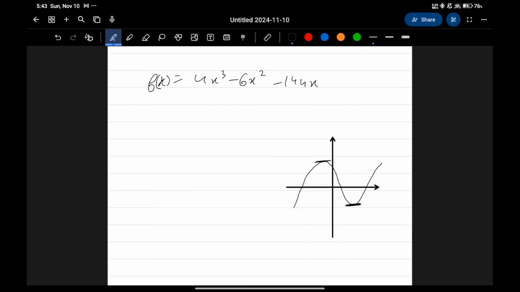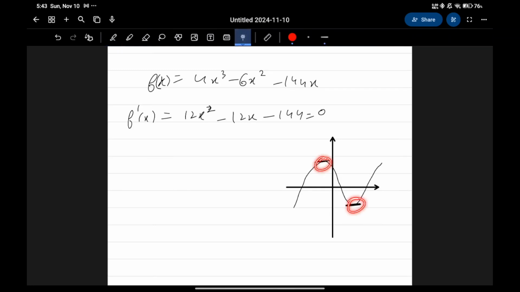So differentiating this becomes f prime of x equals 12x squared minus 12x minus 144. Now, why do I set it equal to 0? Because I want to find the points where my slope is 0.